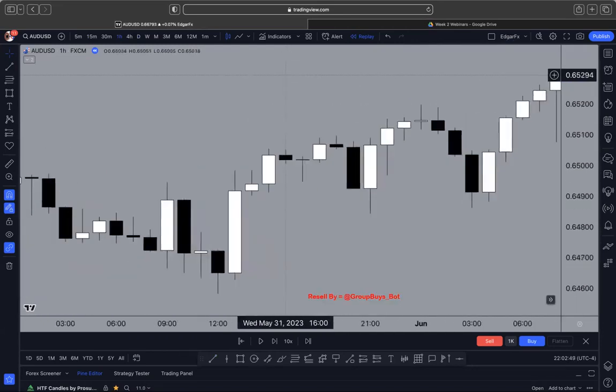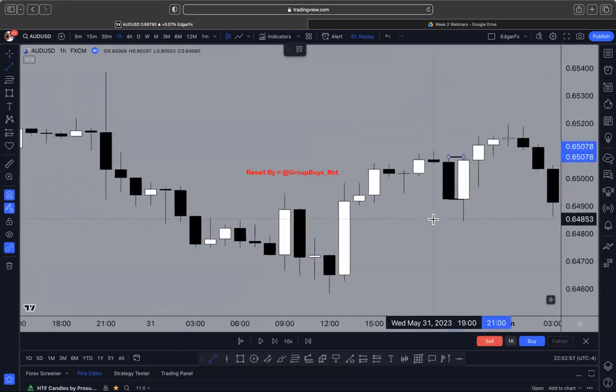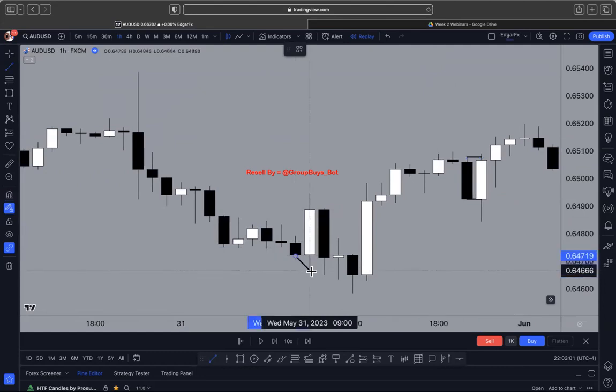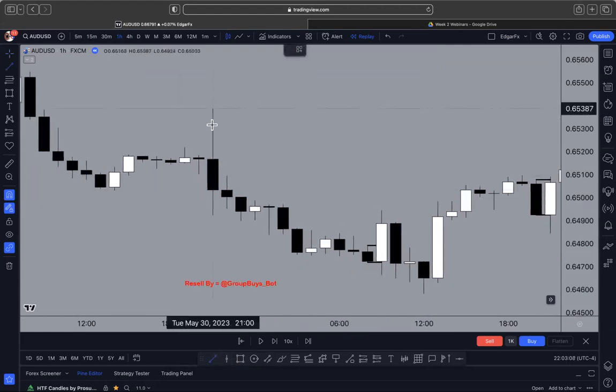See, this one's a little less common, but there goes one right there. There goes one right here, same thing. But I'll just do it like this, outside to outside. This one did the same thing.